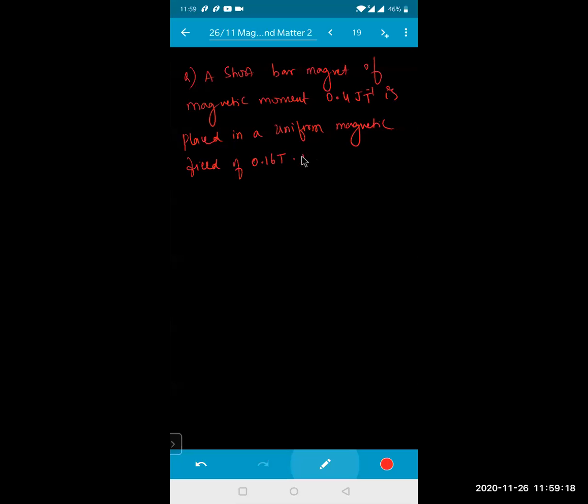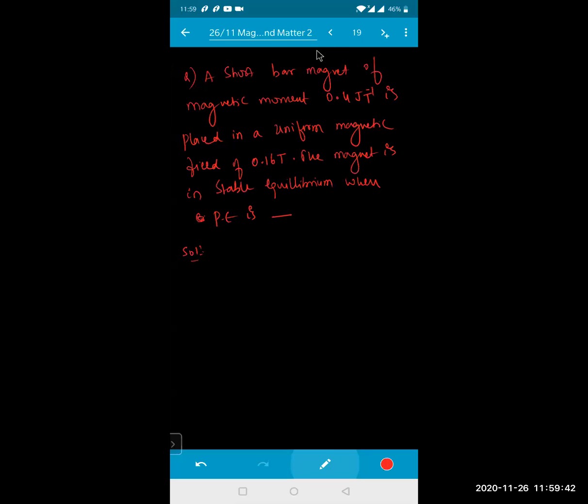The magnet is in stable equilibrium when potential energy is dash.